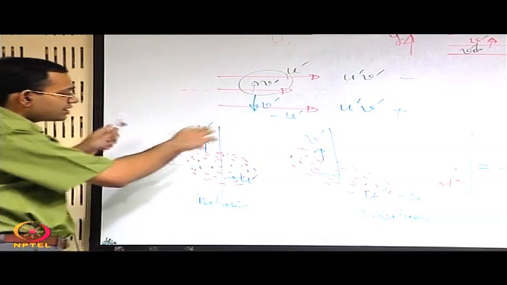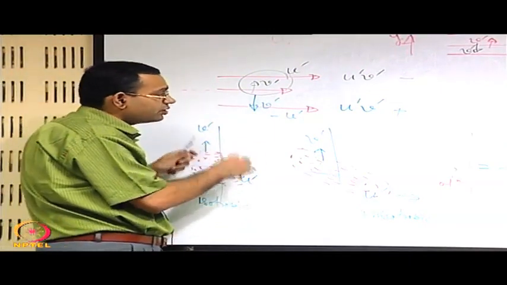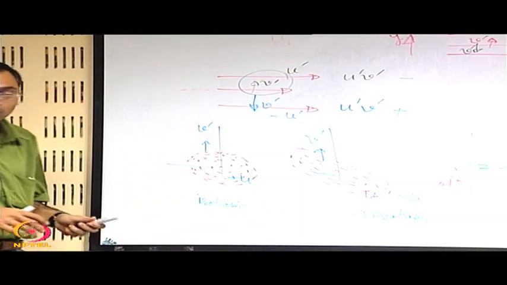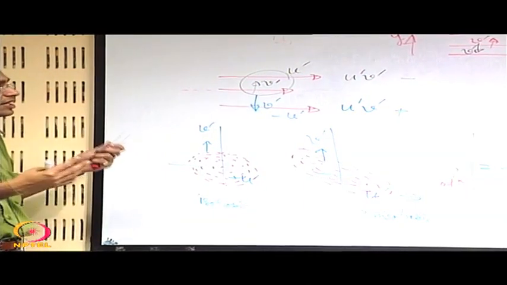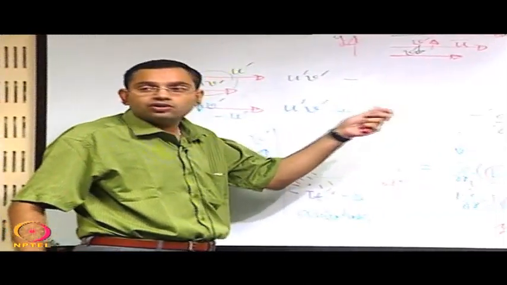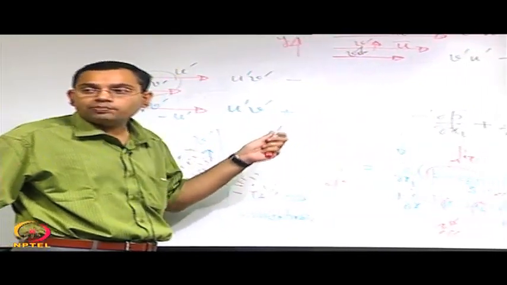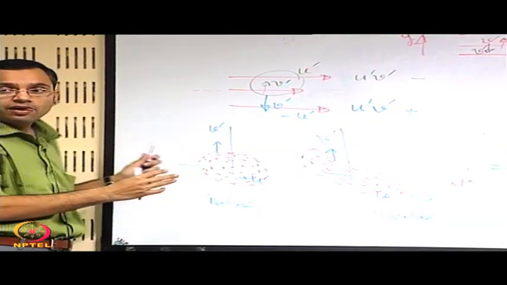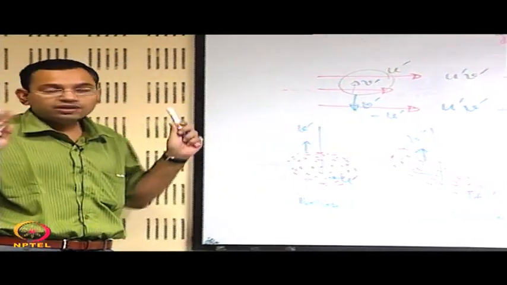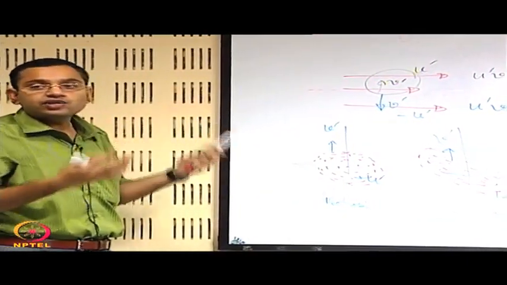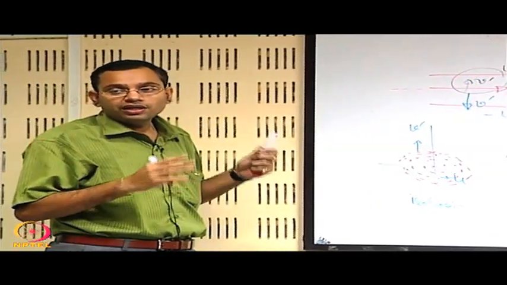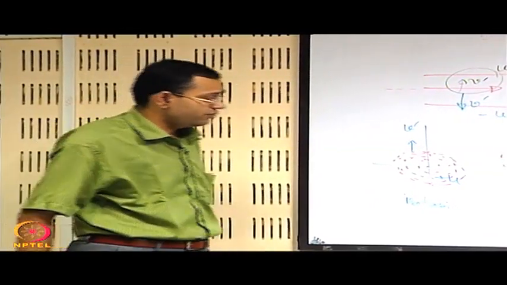So, by looking into the scatter diagram of u prime v prime, or the correlation between u prime v prime, which was just two examples of ui prime uj prime with i not equal to j, it is possible to have a clear picture of the extent of isotropy or anisotropy in the turbulence in the flow.